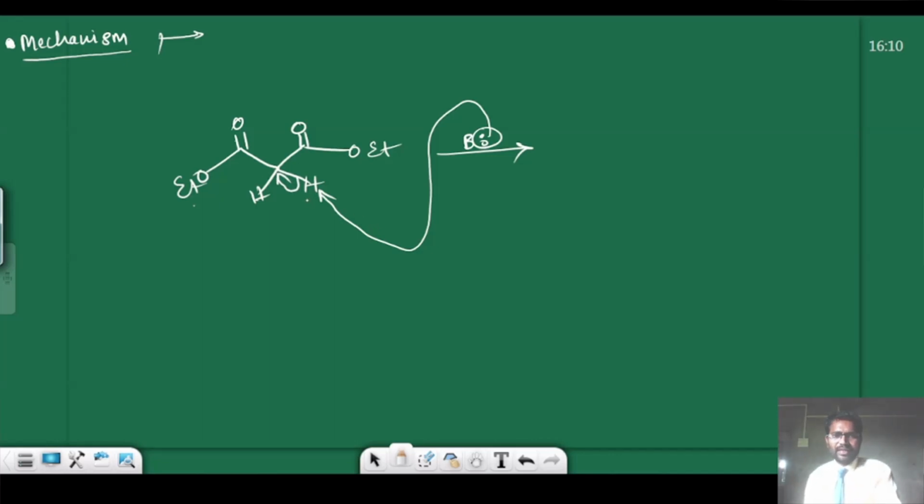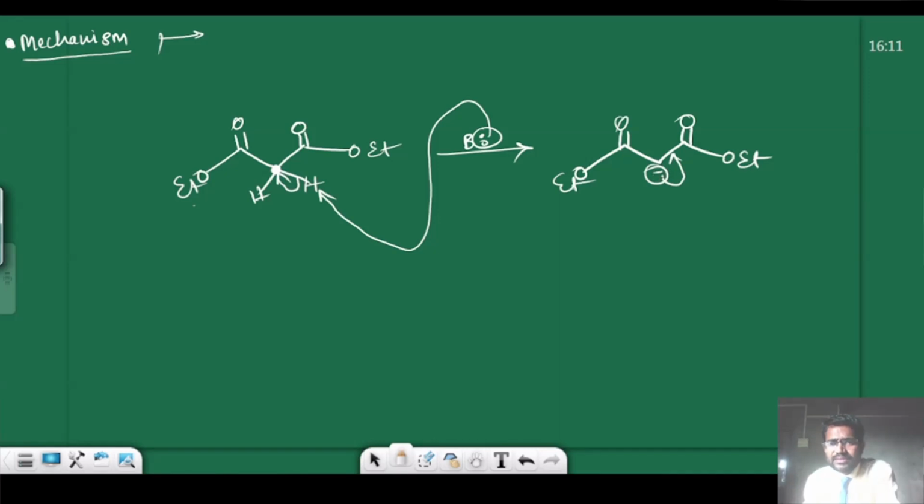When there is a formation of anion on this carbon, why is it formed? It is because the anion generated over this carbon is much more stable, which is why the base easily abstracts this proton. This anion can do the conjugation.